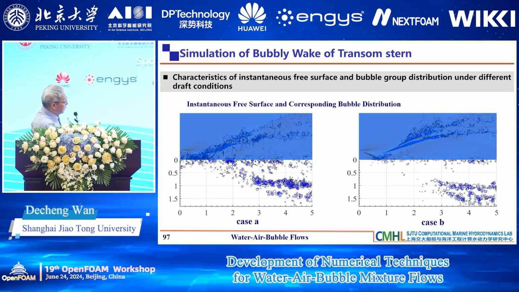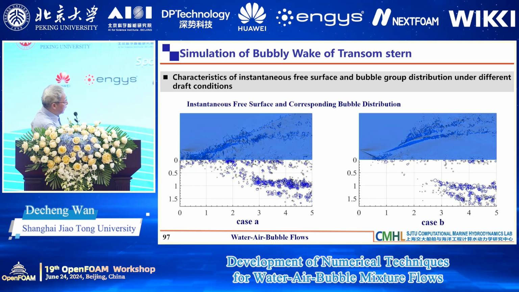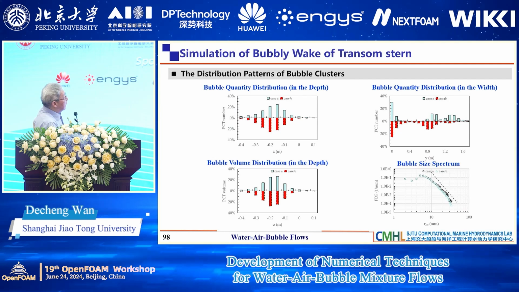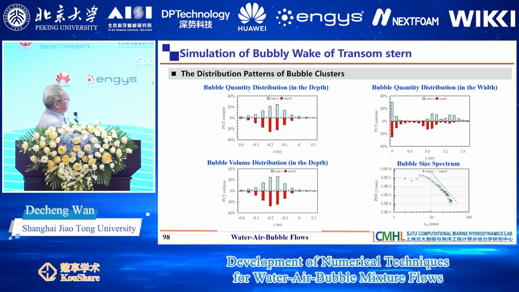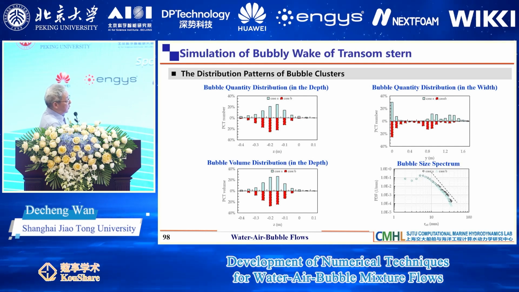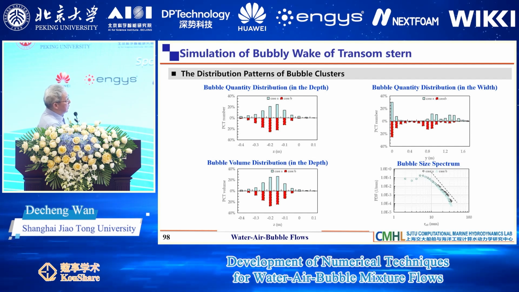You see the bubbles and the corresponding distribution, and we also get the pattern of the bubble clusters. We give some statistical computation. So this is a bubble size spectrum. We can get these spectrums.